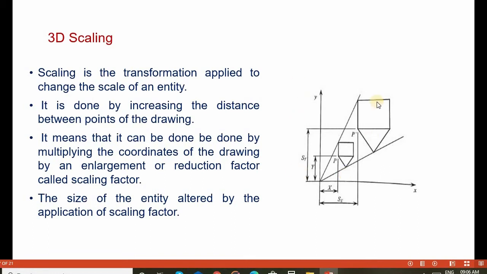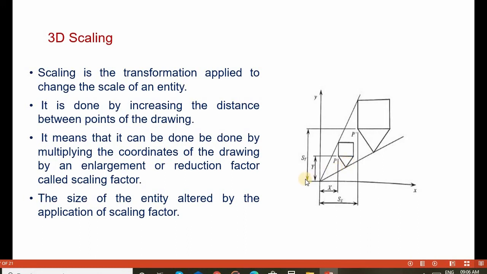The image shows the process of 3D scaling. The point P is the original object. The point P dash is the scaled object. So the original object has been enlarged into a new object, called P dash. How can we enlarge it?